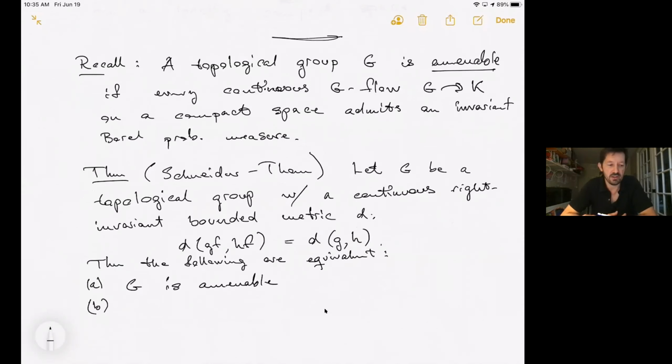Now, in Schneider and Thom's paper, this is not formulated in this way, and what I'm stating here contains the essentials of their formulation, but simplified by our language here. Okay, so for every finite subset E in G.